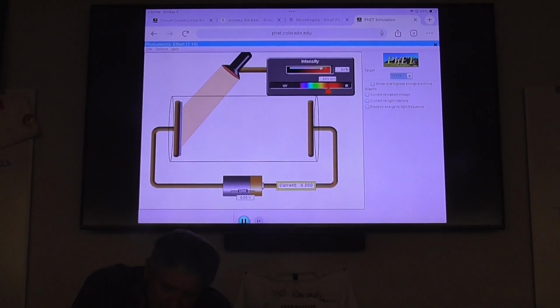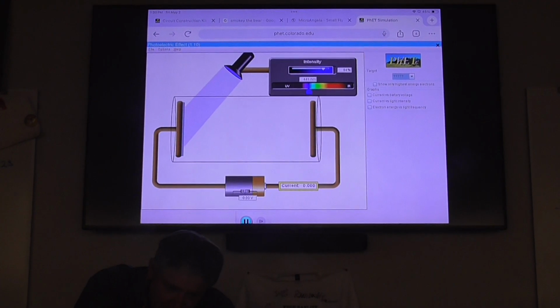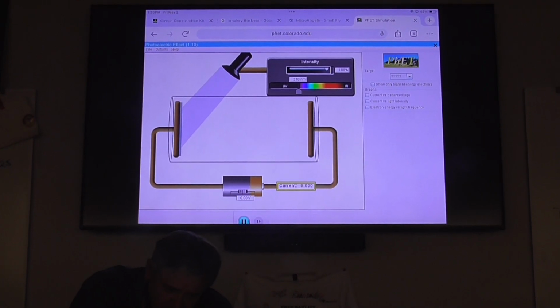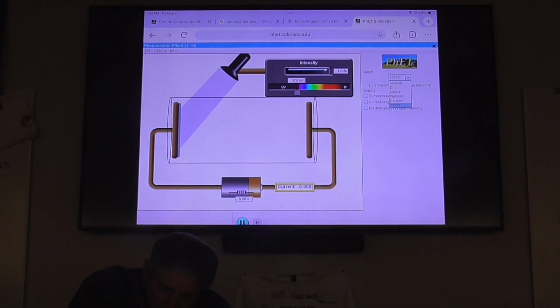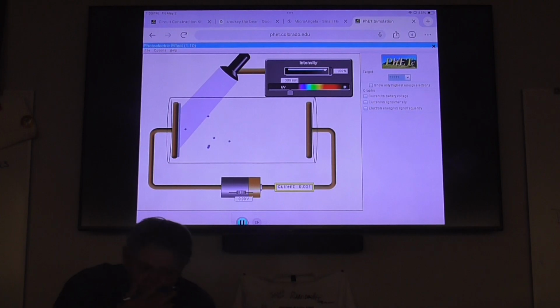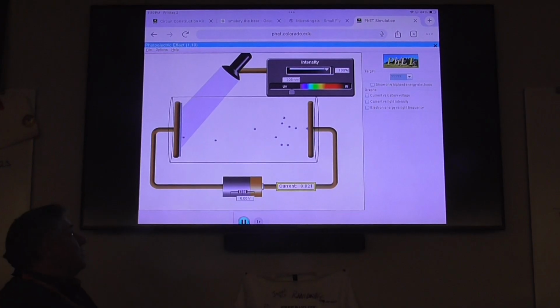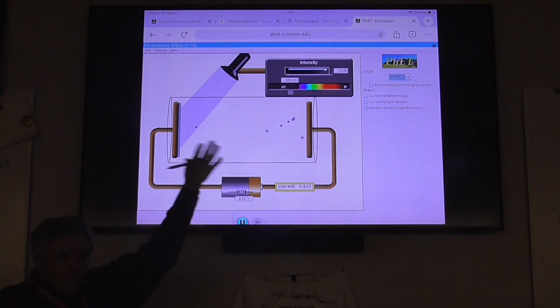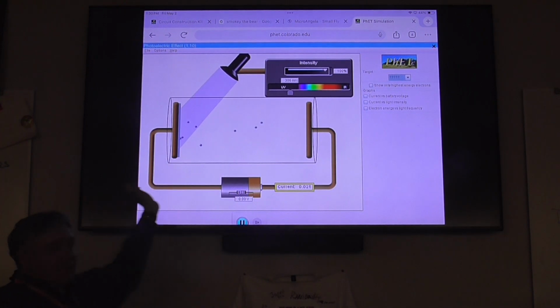And so I'm going to move this over here to about 370. Okay. So this is this unknown metal. I've got a low enough wavelength that I'm getting electrons being kicked off. Okay? And I've got a current of 0.021.